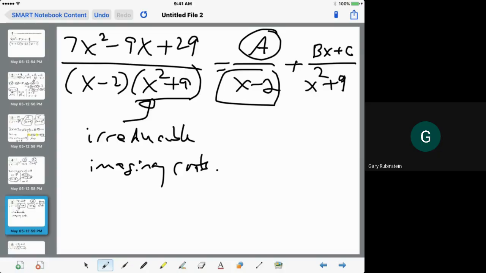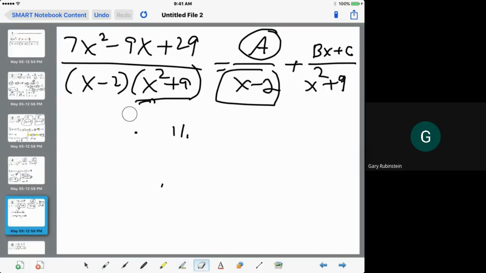But when I have a quadratic in the denominator, the numerator has to have a smaller degree, which means there's a chance b ends up becoming 0, and it does end up just having a constant number on top of the other fraction. But it's more likely that there is going to be a b and a c. So that is how you start this question.